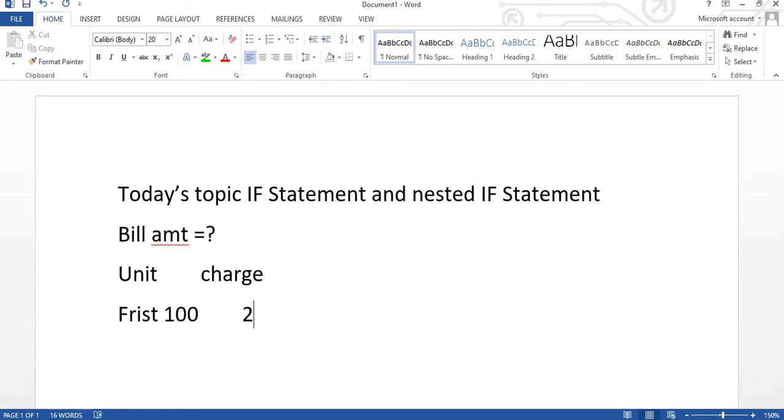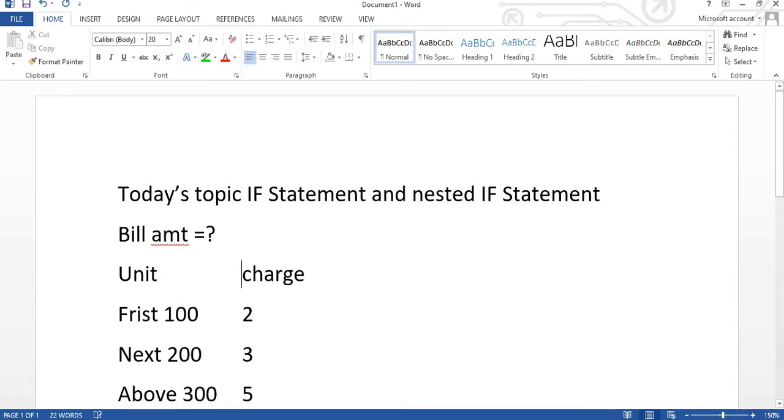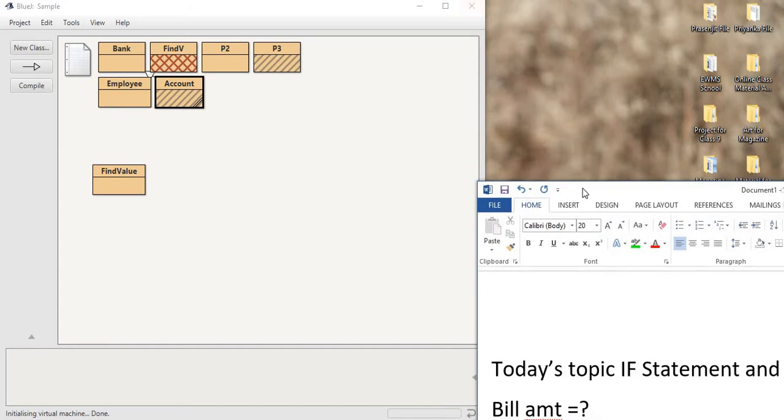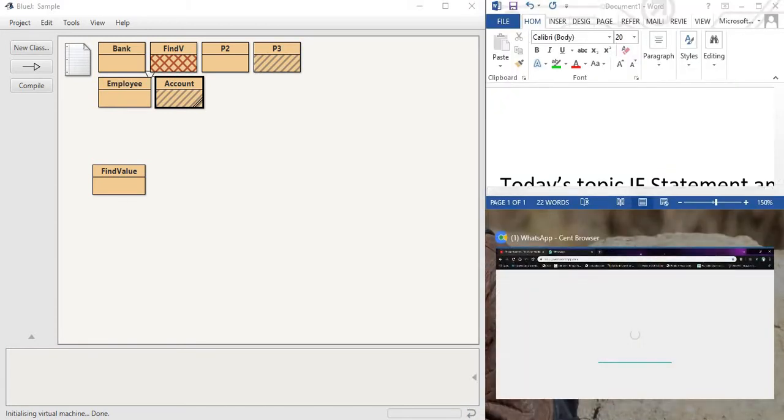Next 200 charge 3. Above 300 charge rupees 5. So how do we do this calculation? It looks quite easy, but it's not easy. I'm telling you.